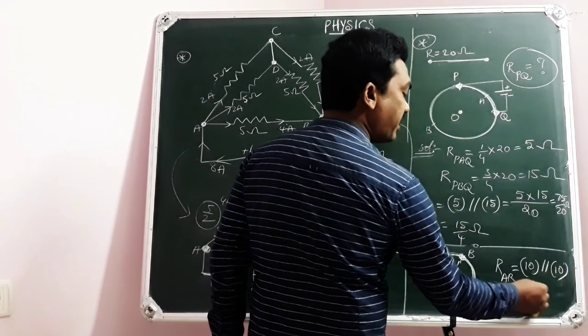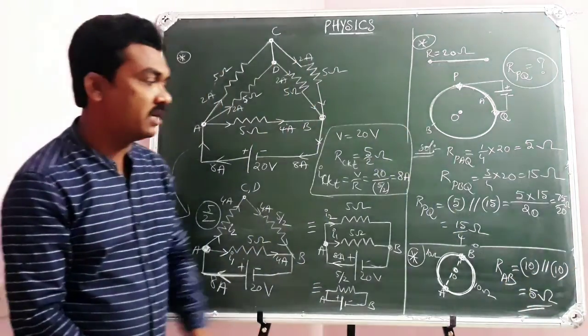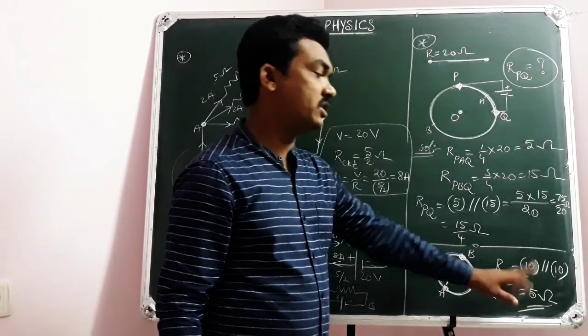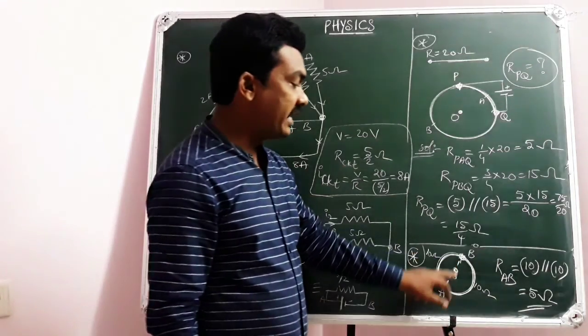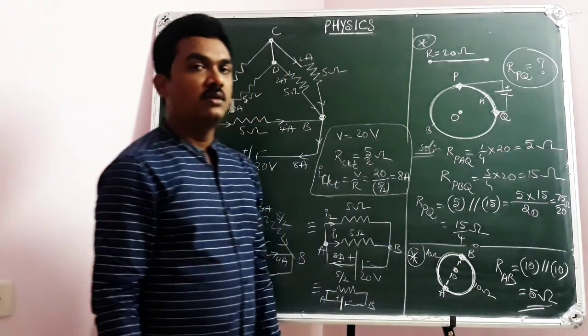So the answer is 10 by 2, which is 5 ohm, because when n identical resistances are connected in parallel, the equivalent is R by n, meaning 10 by 2, which is equal to 5 ohm. So this is the equivalent resistance across the diameter of the circular wire, 5 ohm.